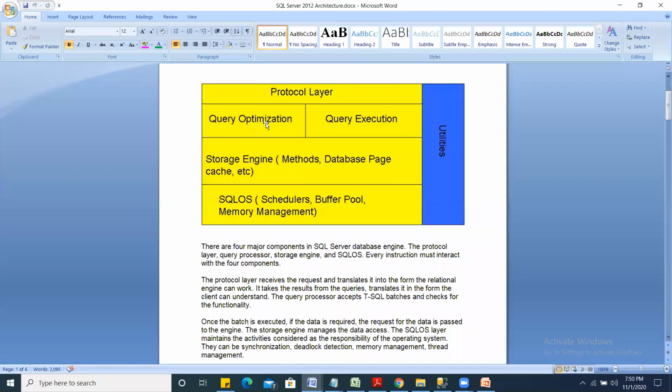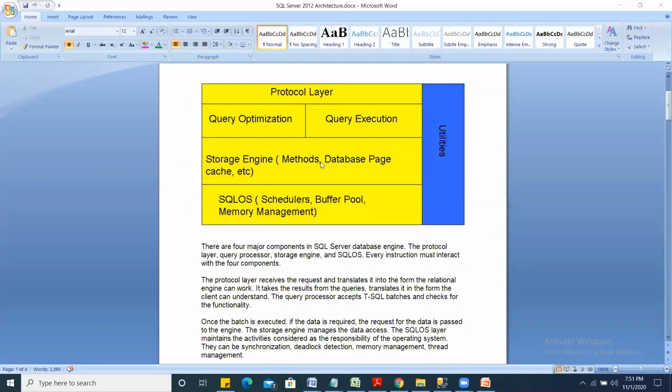Then after the algebraizer you have the query optimizer, and finally the query executor, right? The task of the query processor is to accept queries, parse them, compile them, generate the plan, and execute them. The query processor executes the plan, and it always works with a storage engine, right?